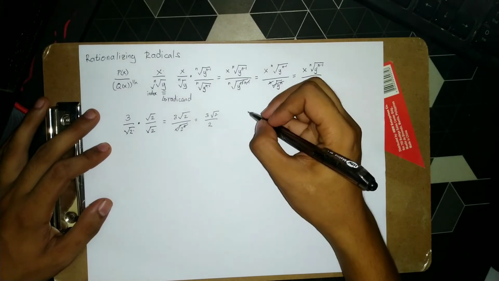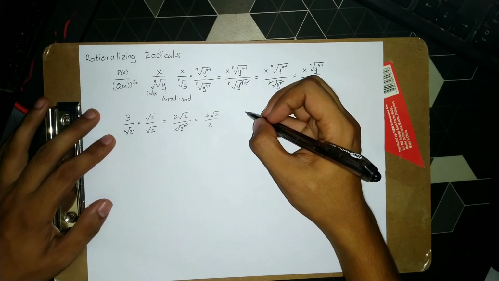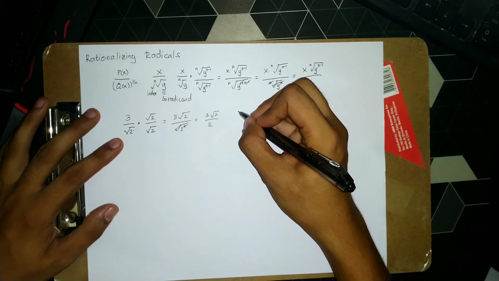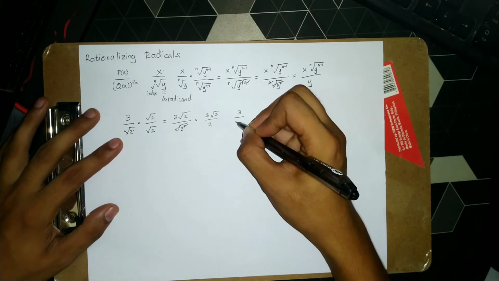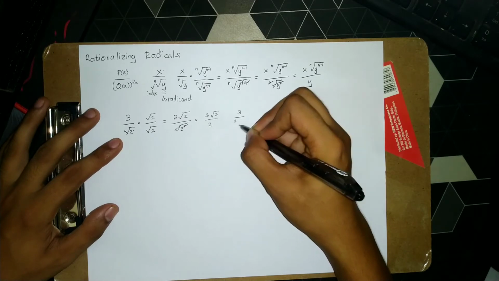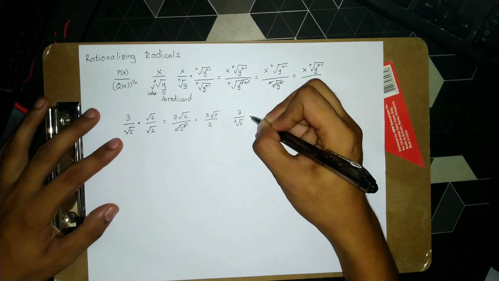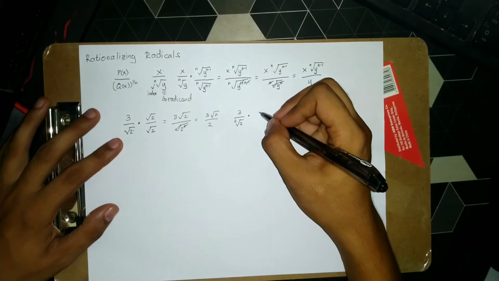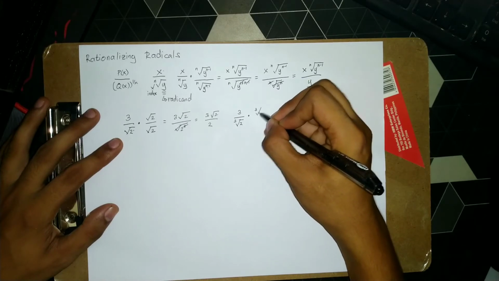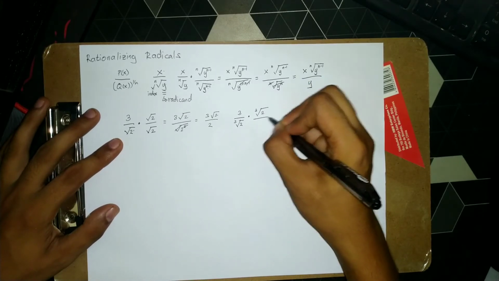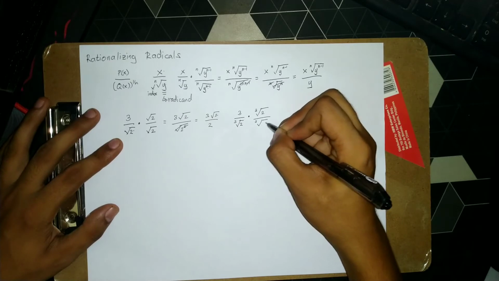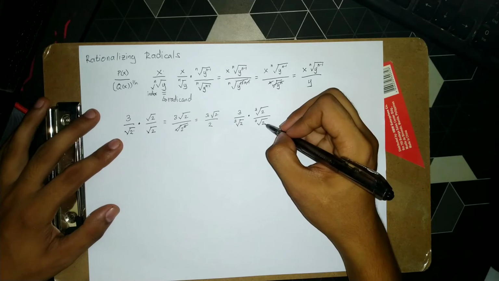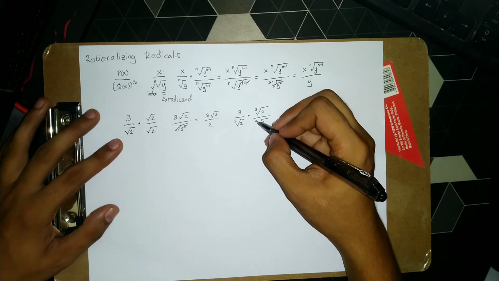Another example. Let's say we change the index. Instead of having square root of 2, we're going to have the cube root of 2. So 3 over the cube root of 2. If we're going to rationalize this, we would multiply not the cube root of 2, because 2 times 2 is simply 2 raised to 2. We need 3.